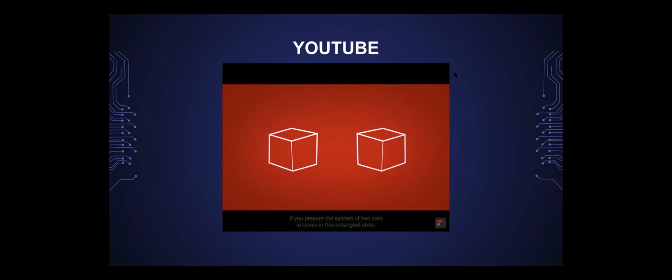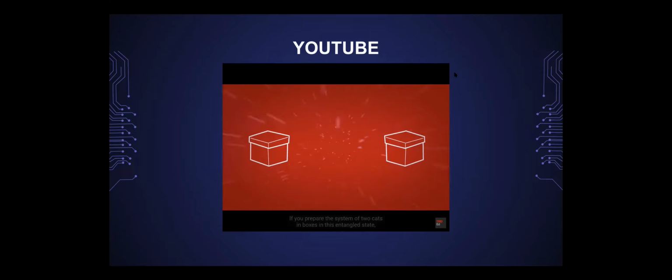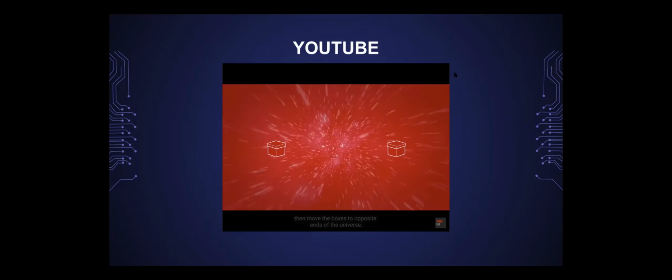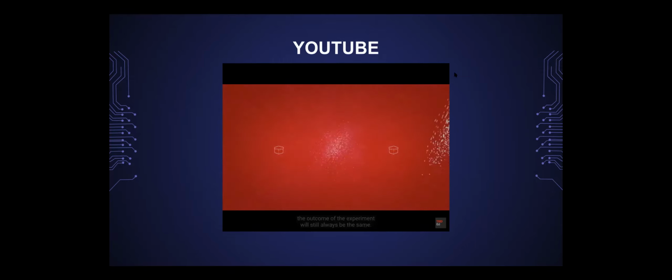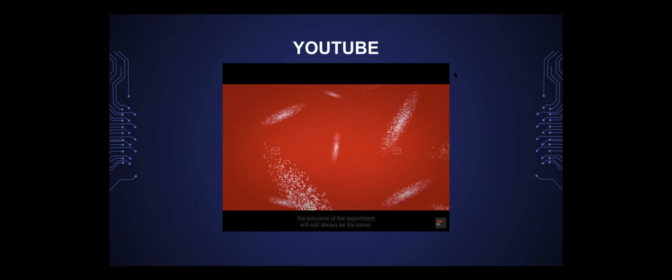If you prepare the system of two cats in boxes in this entangled state, then move the boxes to opposite ends of the universe, the outcome of the experiment will still always be the same. One cat will always come out alive, and the other cat will always end up dead, even though which particular cat lives or dies is completely undetermined before we measure the outcome.